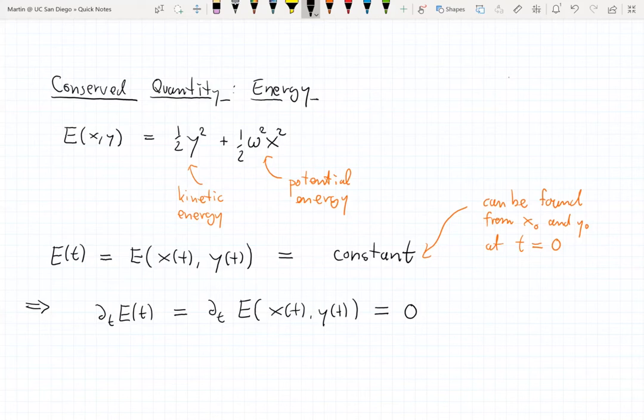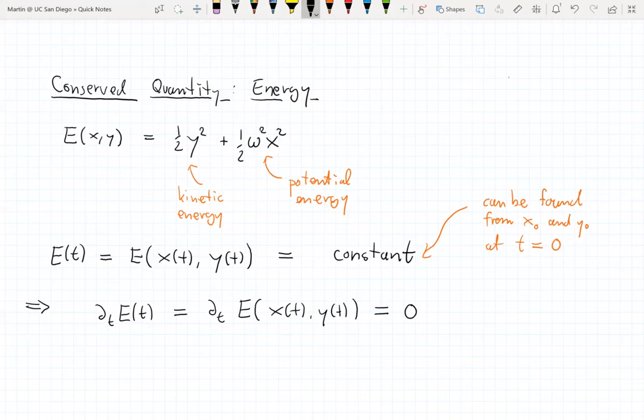The first term, 1/2 y square, corresponds to the so-called kinetic energy, the energy that is stored within the velocity, and 1/2 omega square x square corresponds to the potential energy, the energy that is stored in the position, so to speak.